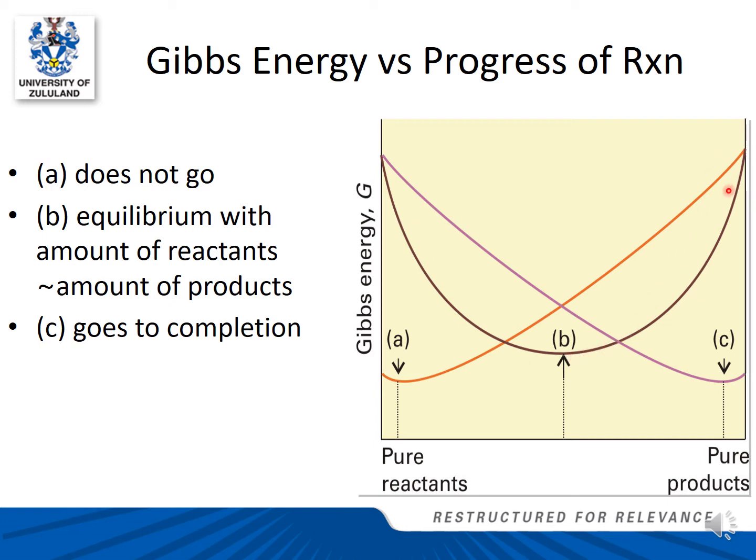For this chapter, as you can hear from the name chemical equilibrium, we are basically going to work with the graph that can reach equilibrium, like graph number B.